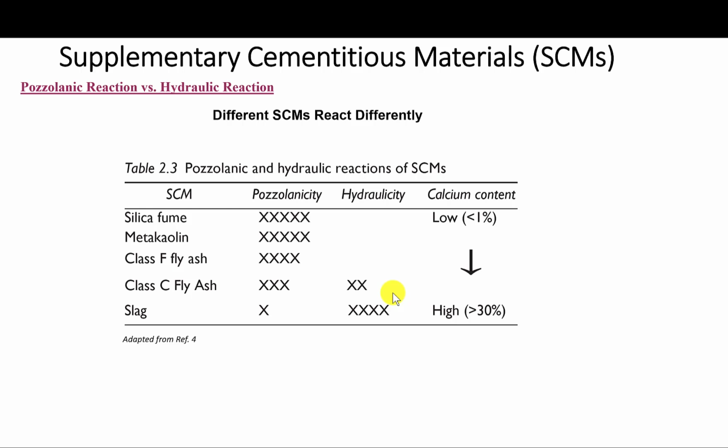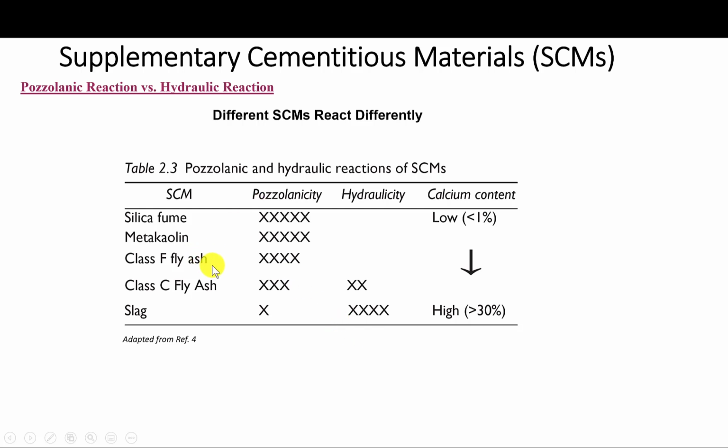With the addition of water, they are capable of having cementitious tendencies. Of course, some materials, such as the slag, although they exhibit some hydraulicity, may still require an activator in order to exhibit cementitious property on their own.